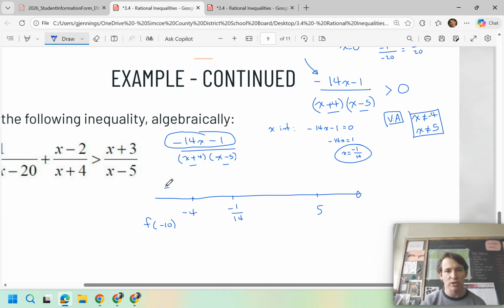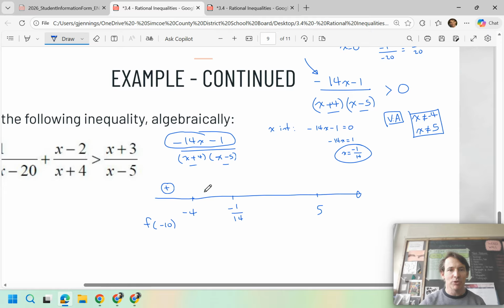So I know my function is positive over here. Actually I get 139 over negative 6 times negative 15, which is positive 90. So 139 over 90. Okay, there, positive.